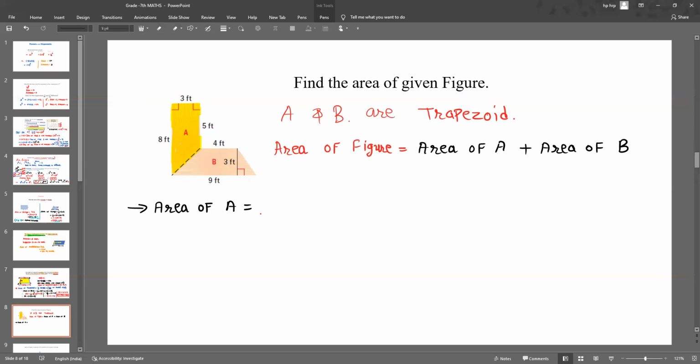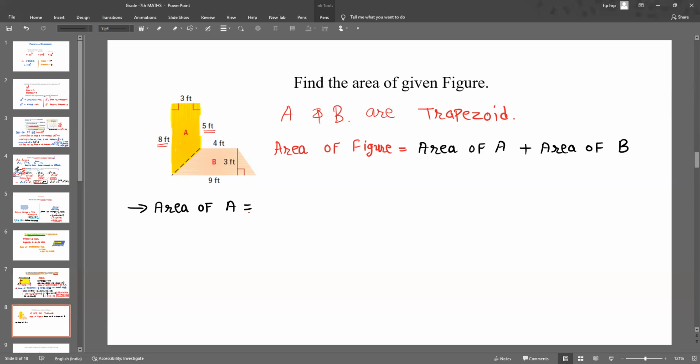So can you identify in this trapezoid A which two sides are parallel, and which one is the height? The height in A is 3 feet, and the two parallel sides are 5 and 8.